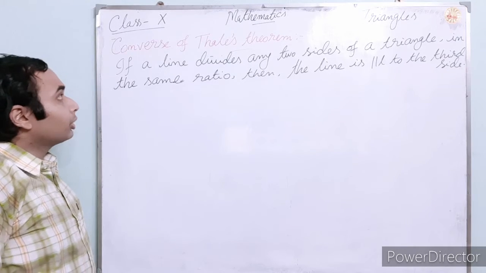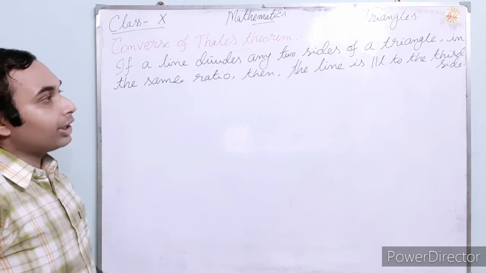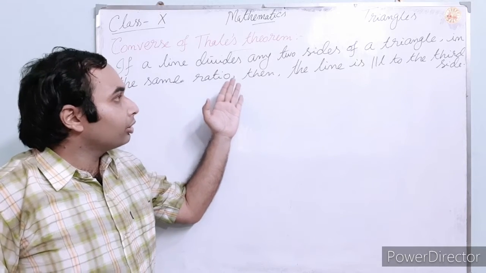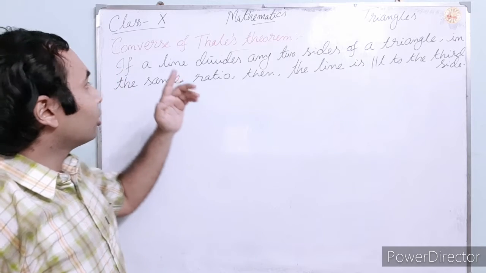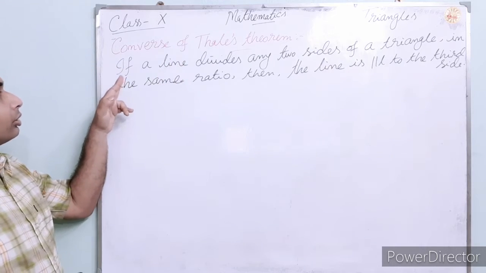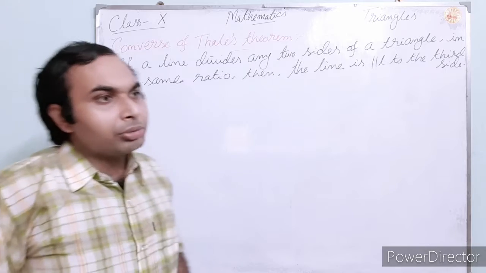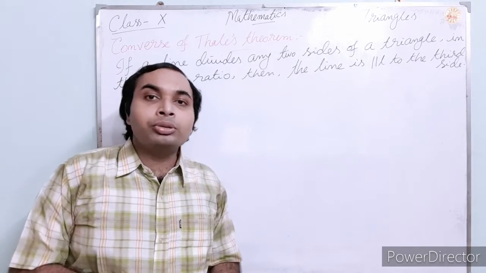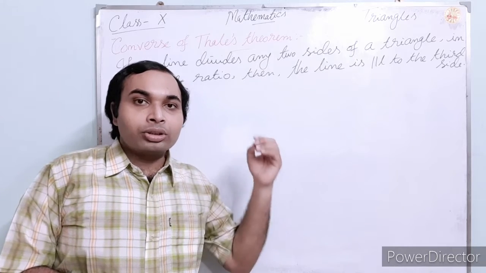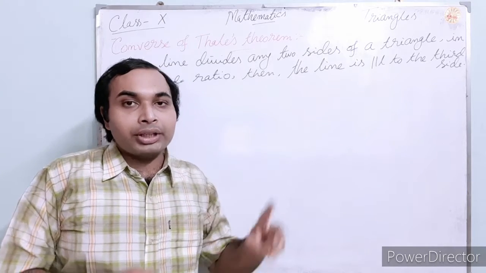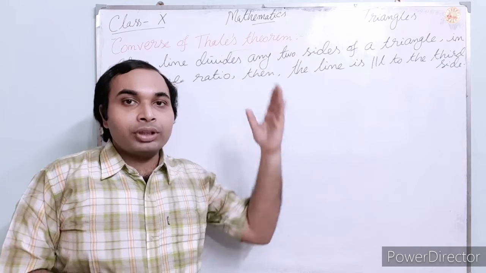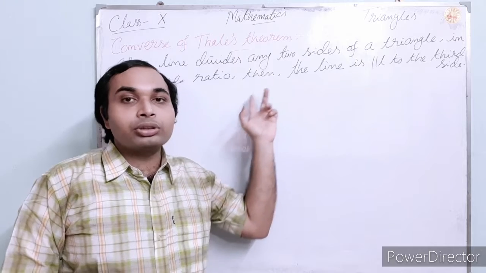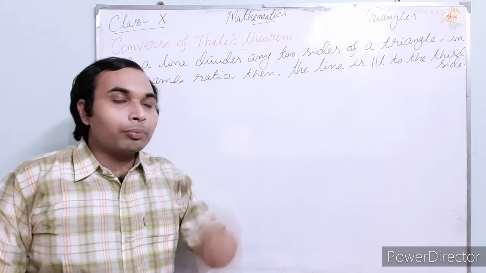Students, this is the converse of Thales theorem. We have to check whether this is right or wrong. In Thales theorem, if a line is parallel to one side and intersects the other two sides in two distinct points, then those two sides are divided in proportion.